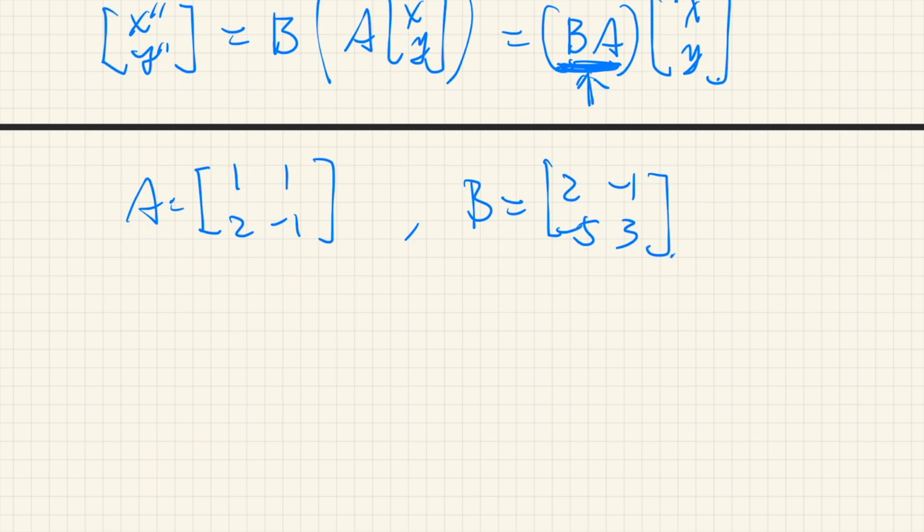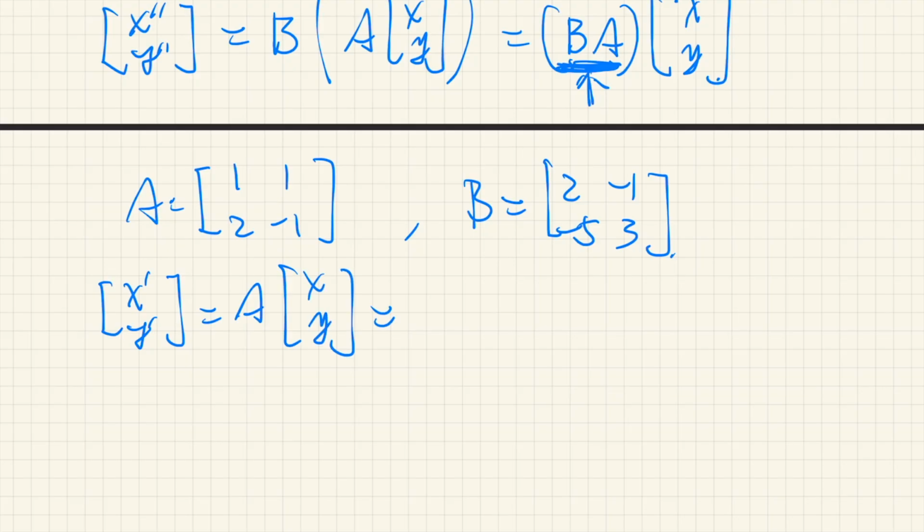So that means (x prime, y prime) is A times (x, y). So A is this matrix, so that becomes, let's say, (x plus y, 2x minus y).